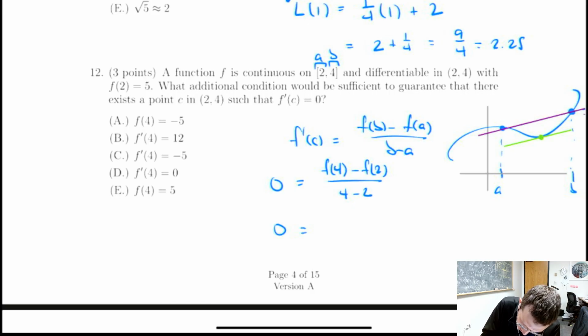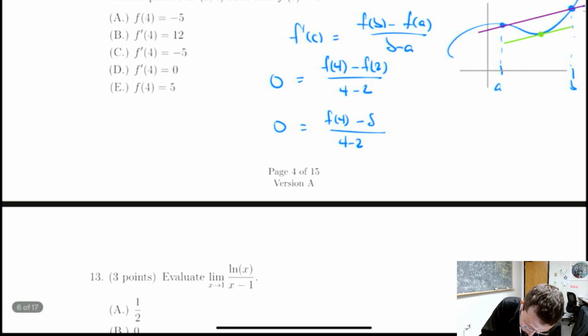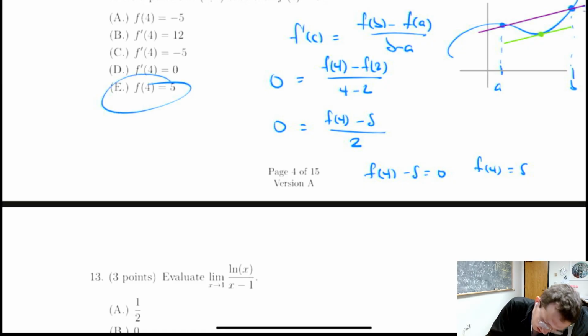So 0 is equal to f of 4 minus 5, that's what f of 2 is, over 4 minus 2, which is 2. So that says that f of 4 minus 5 equals 0, which says that f of 4 has to equal 5.